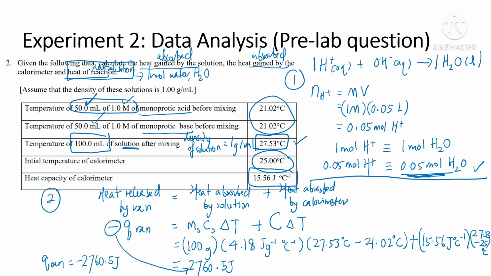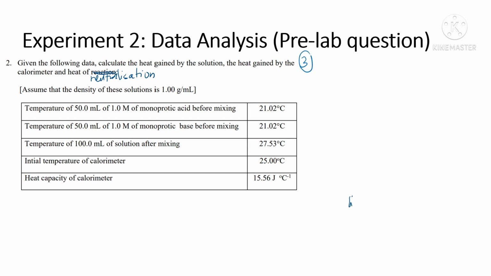In step number 3, we want to find the heat of neutralization. So heat of neutralization is defined in terms of 1 mole of water being formed in the neutralization reaction. However, previously we found that for 0.05 moles of water formed in the neutralization reaction, the amount of heat released is equal to negative 2760.5 joule.